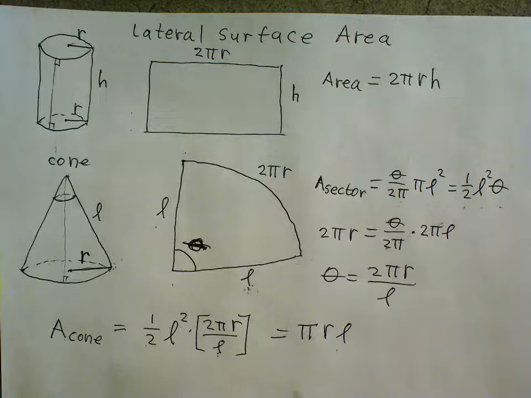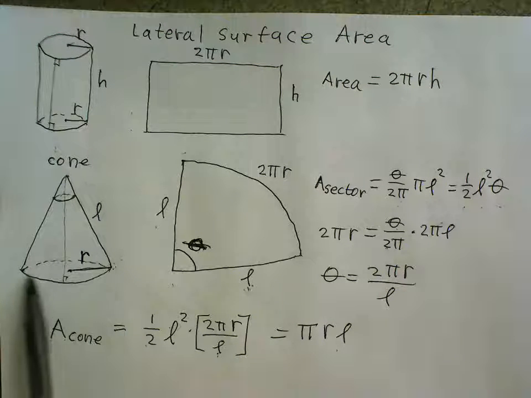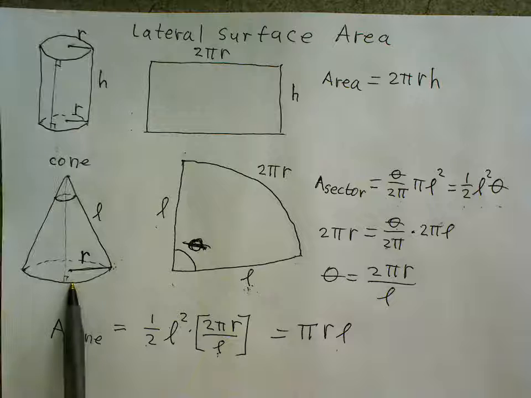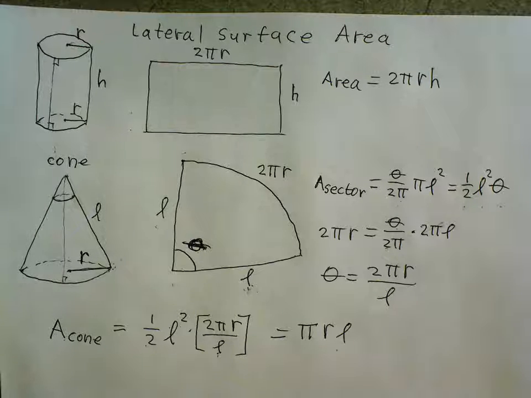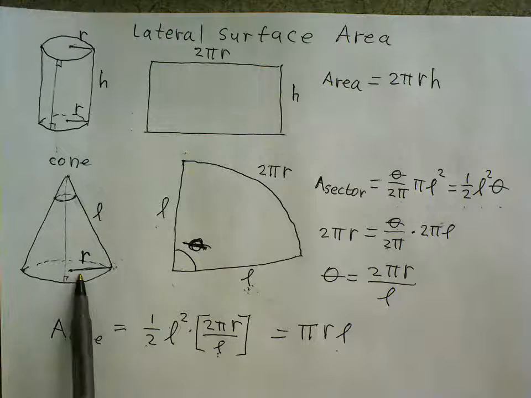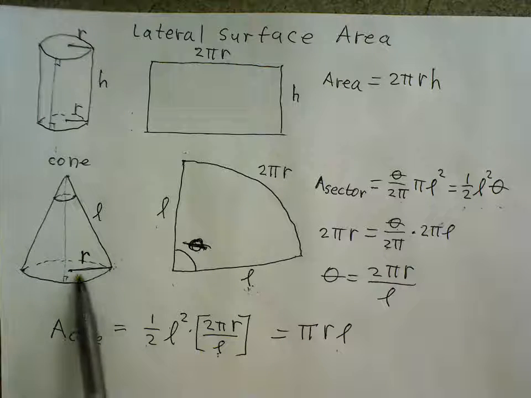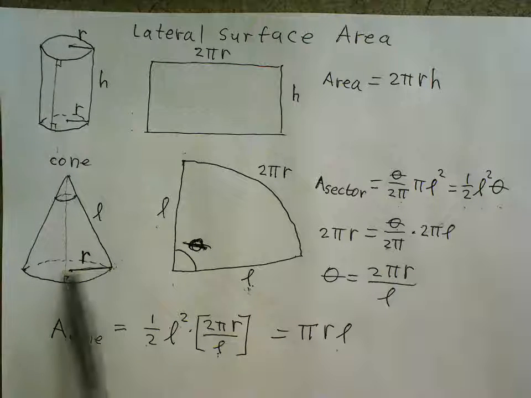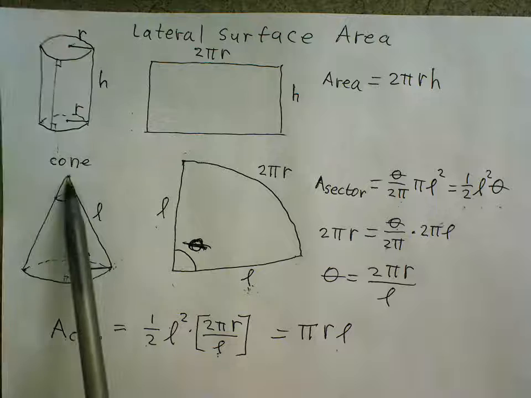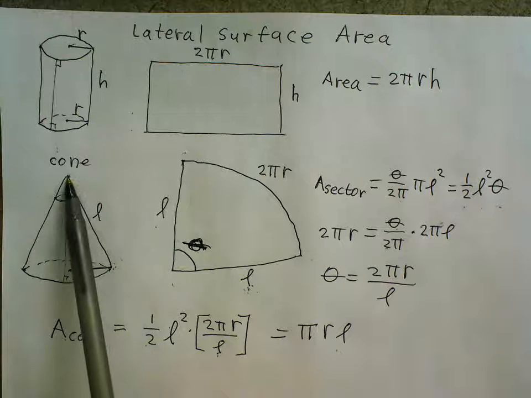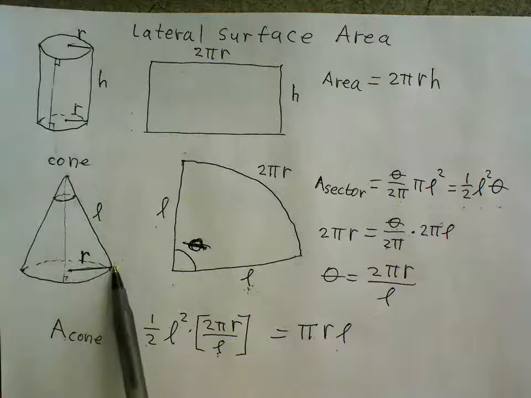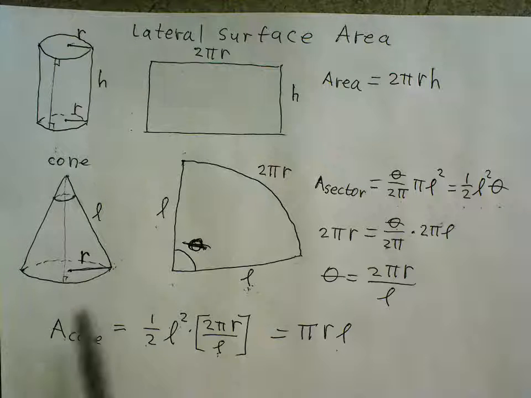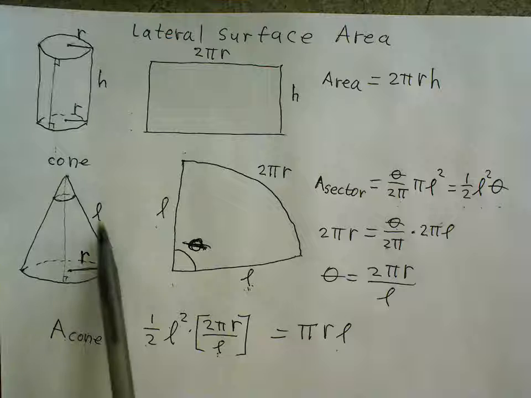If you remember, we're not counting the circular end when we're finding the lateral surface area. But if we have a cone, and we know the radius of the circular end, and we know the length from the tip of the cone to the circle, then the lateral surface area is pi times r times L.